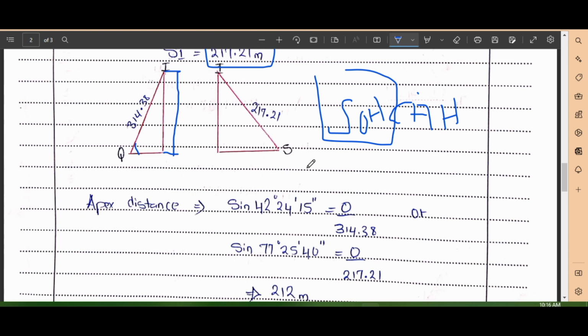Also you can go to the other side. So sine of the angle that we have here, sine 77 25 40, is equal to opposite, which we were calculating here, over the distance that we have been given here, which is the hypotenuse of that.